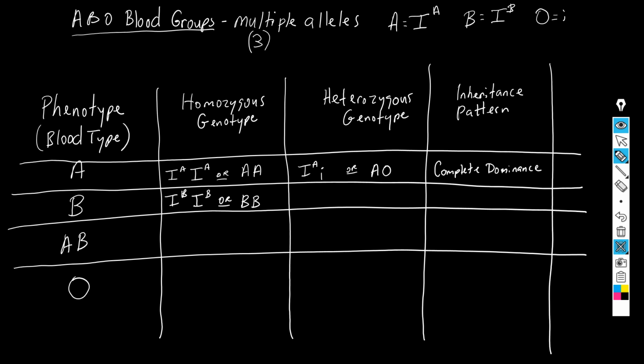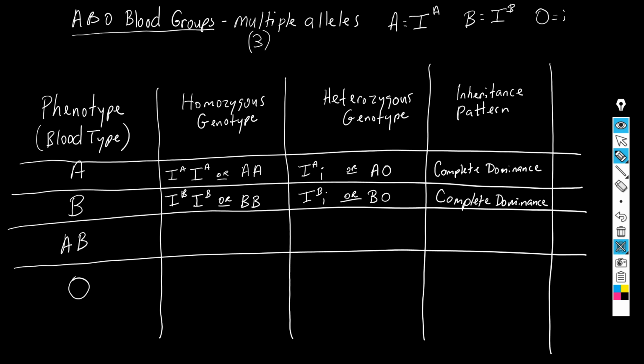The heterozygous genotype, very similar to type A, is either a capital I^B, lowercase i, or we can represent that as a B and an O. Just like with A, this inheritance pattern is complete dominance, because when you have an allele for B and an allele for O and you put them together, you still get type B, which means that B is completely dominant to O.